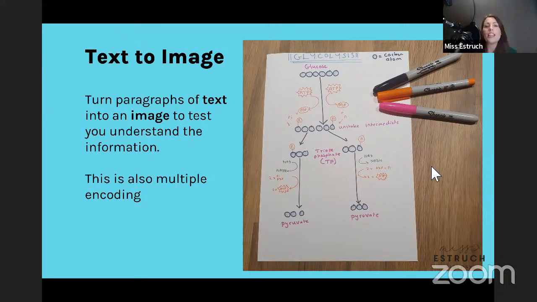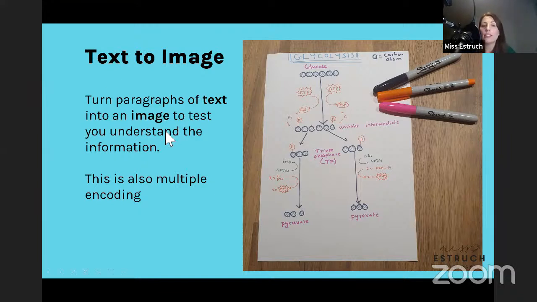So text to image, there's 2 ways around you could do this. One way is, in your textbook or your notes, you have big chunks of information, maybe describing a process. And as I said, just writing that out in notes doesn't improve your memory. And it doesn't really help you to better understand as a whole.